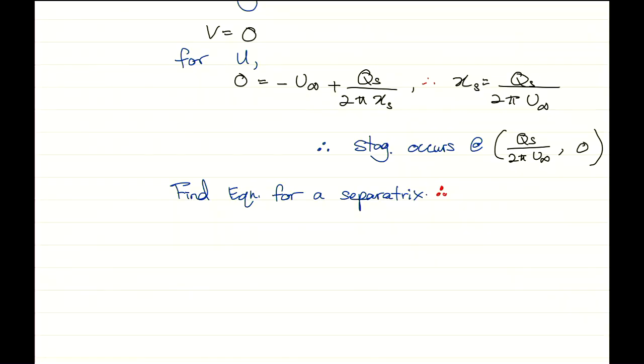Any guess? So we know our stagnation point. We know that lines of constant psi are our streamlines. So how are we going to get the streamline which crosses through a stagnation point?